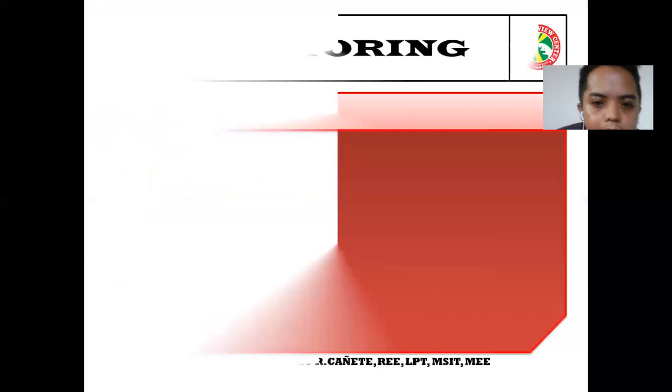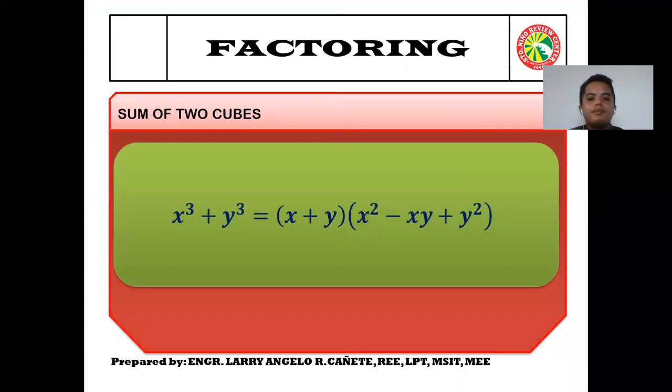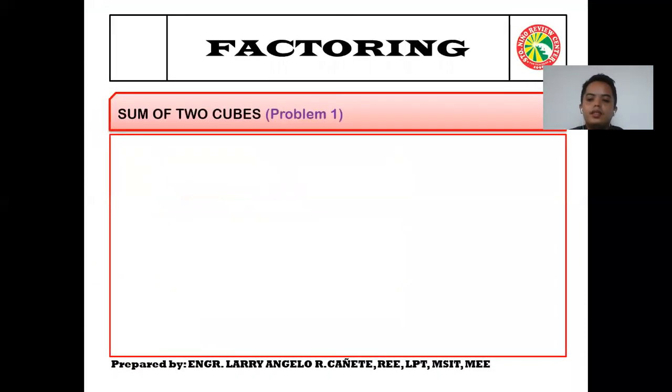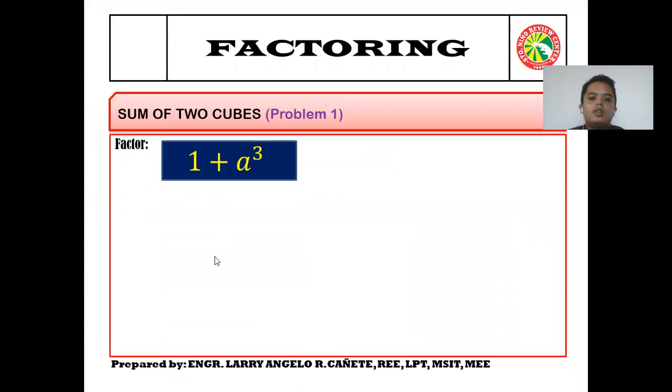So for example, 1 plus a cubed. So this is your first term and this is your second term. This is not negative here, so you cannot do the difference of two squares. So check if your 1 can be cube rooted, same with a cubed.